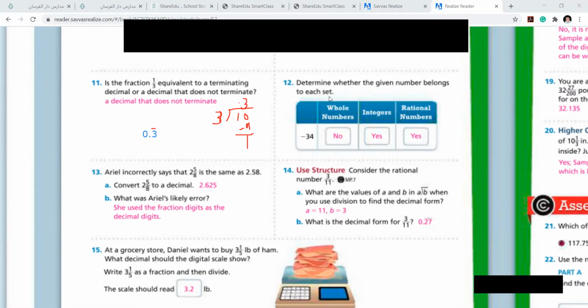Whole numbers start from 1. Integers means from minus to plus. That's why minus 34 is an integer. And it is a rational number, yes.